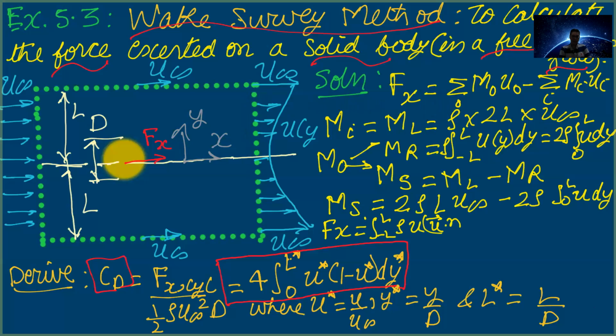That integral equation is basically the integral of minus L to plus L rho u. Now, to calculate mass flow rate, we take the normal velocity. This u is the horizontal velocity, which appears because of the momentum, whereas this other velocity corresponds to the mass flow rate. If you draw the normal of this vertical plane, it is also in the horizontal direction.